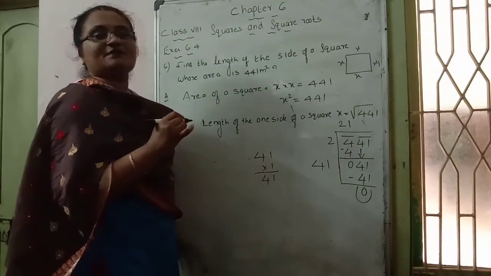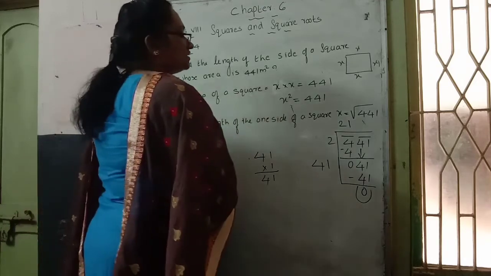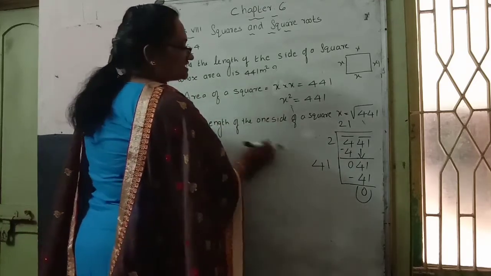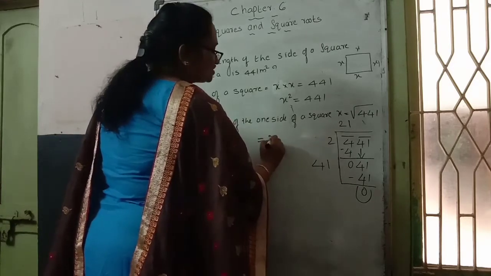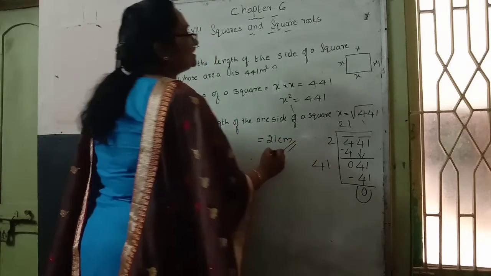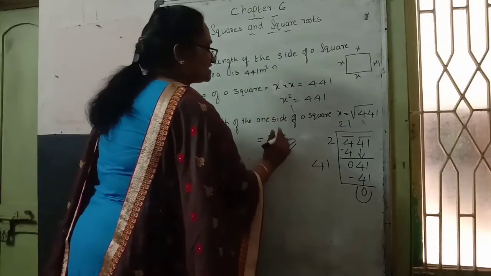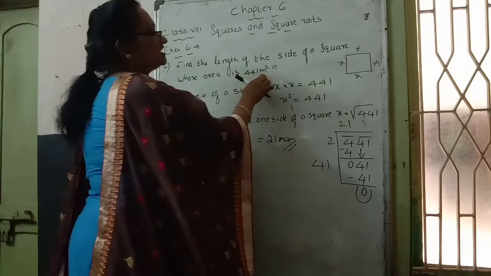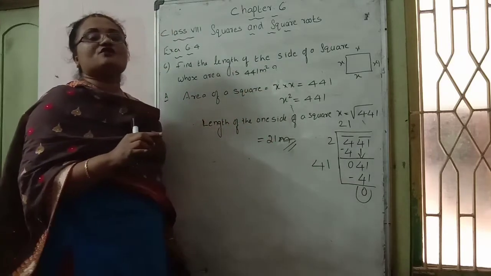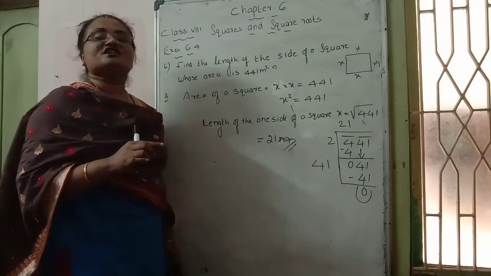The remainder becomes 0. So the side of the square, the x value, is equal to the quotient, 21. Here the unit is meter, since the area is in meter square. That's why the side of that square is 21 meter.